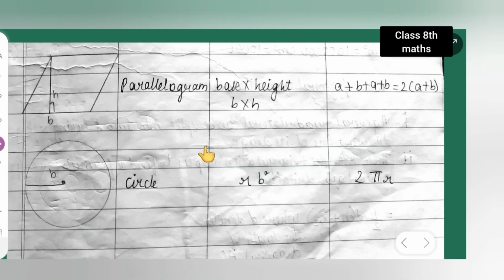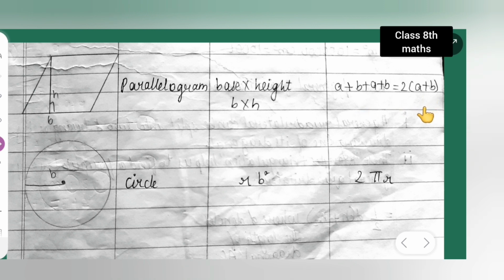Now next, let us see the figure, and the shape of the figure is a parallelogram. Here base and height are given to you all. So the area is base into height, b into h. The perimeter of this parallelogram is a plus b plus a plus b, so twice a plus b.